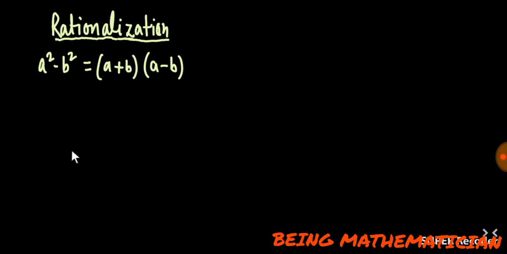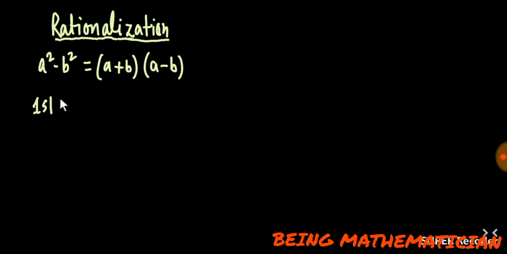First of all, we have to memorize the formula a square minus b square equal to a plus b into a minus b. So let's follow the simple steps.